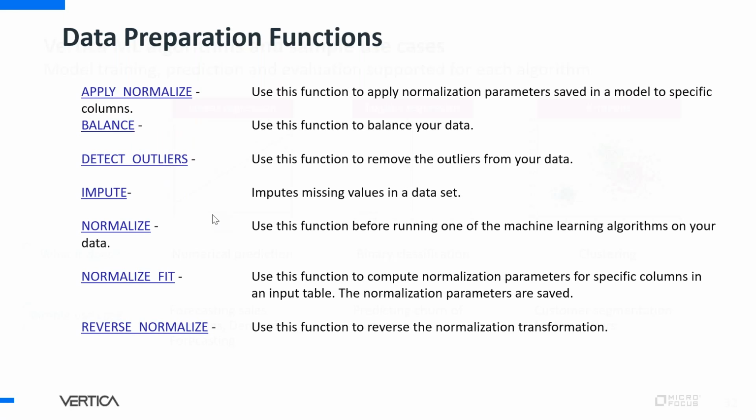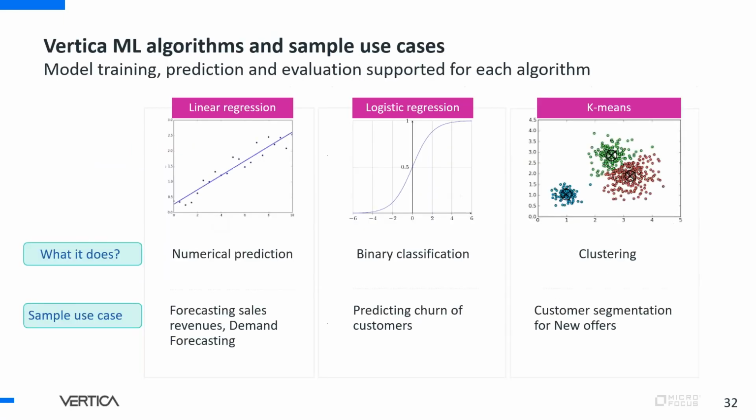After data preparation, we support as of today 6 different modeling techniques. One technique is linear regression, which is used to predict values, for example forecasting sales and revenues or demand forecasting. The second is logistic regression, which is part of binary classification.